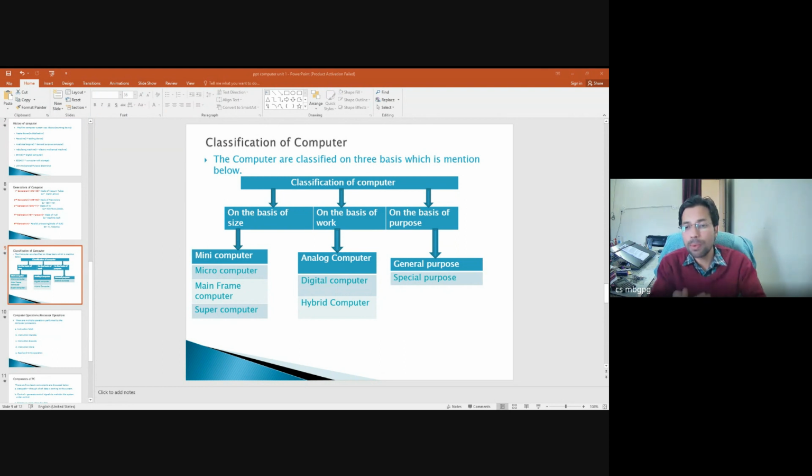So the computer is capable of solving problems by processing all the information in the binary representation form, in only 2 digits. That is your electrical signals, low and high. Low is denoted with 0 and high is denoted with 1.